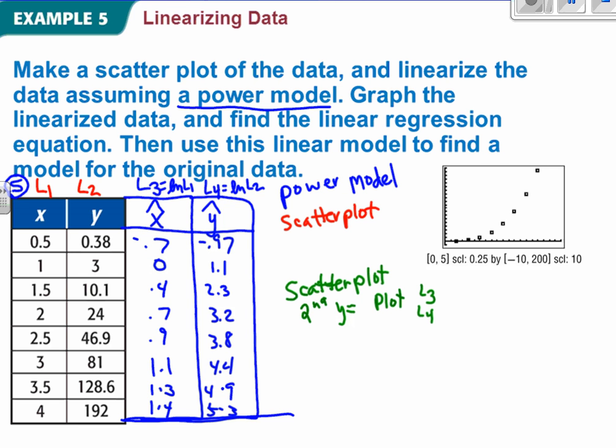Zoom Fit is meant for scatter plots, and so it should give you something that's pretty good there. And the points should look linear now. Does it look like dots that are in a line? Let me see it, flash it towards me. Is it dots? Are yours dots? It should be dots if you did that.